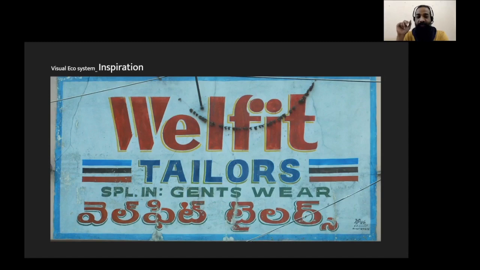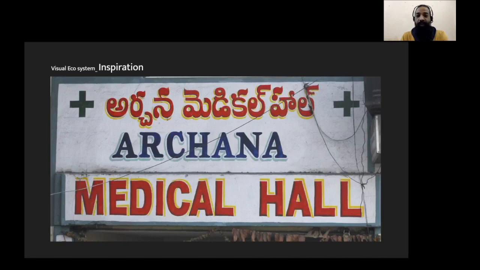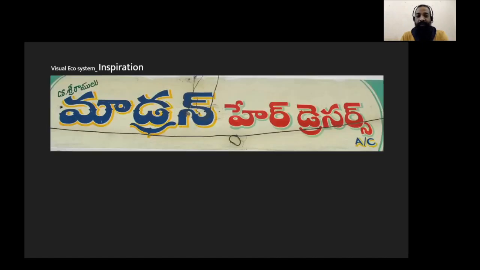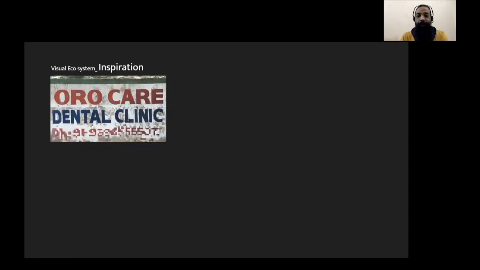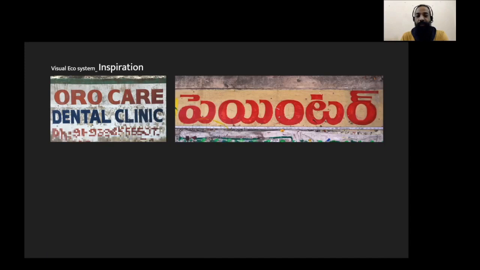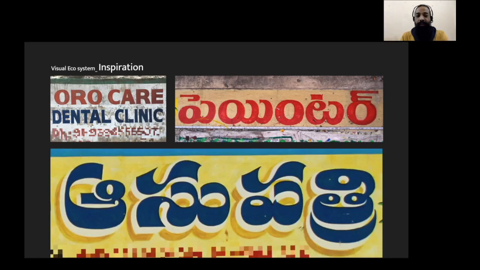Here are a few of the examples of the shop front signboards. This is Well-fit Tailors, Archana Medical Hall, Modern Hairdressers, Hotel, Oro Care, I think you all can read this, Painter, Asupatri, or Hospital in English.